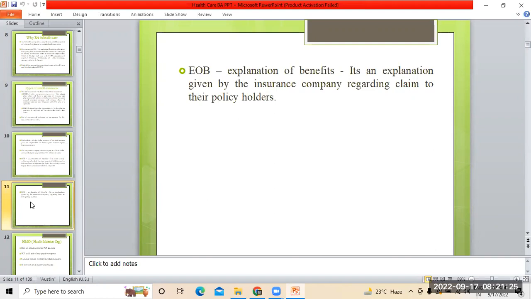Based on the designation, the services and how much money they are eligible for in reimbursements will vary, even though the plans remain constant for that particular organization, because an organization may have 1,000, 2,000, 3,000, 5,000 employees.